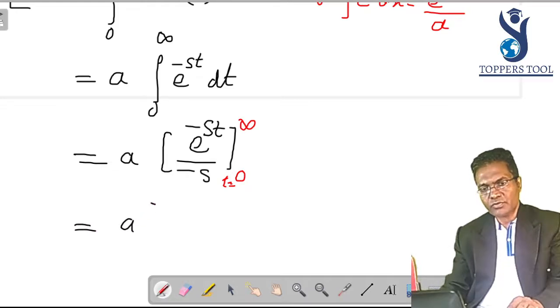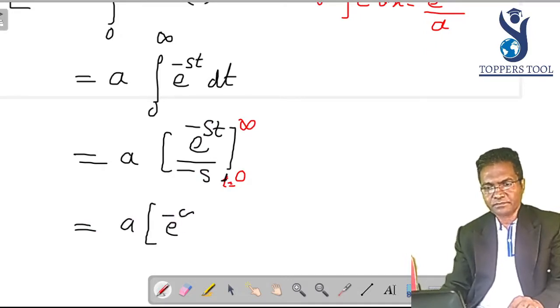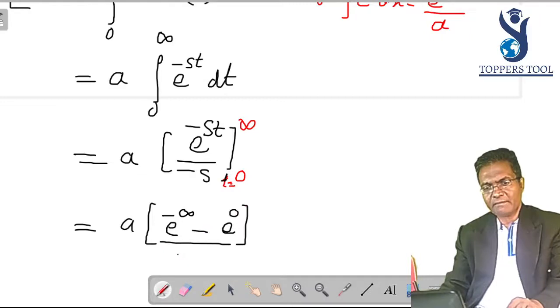So a into, wherever t, you substitute infinity first, e power, if you replace t as infinity, it's multiplied by minus, so it becomes minus infinity, e power minus infinity minus e power 0 divided by minus s.